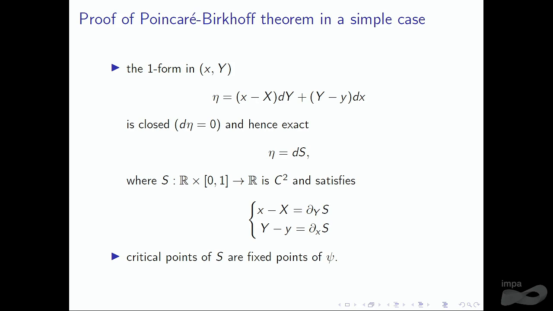And because you are on a simply connected space, this one form here has a primitive, so it's exact. So you can express this one form as the derivative of a C2 function, because this one form is only C1, because this term here is assumed to be C1. So this function here will be C2. Its derivative is C1.